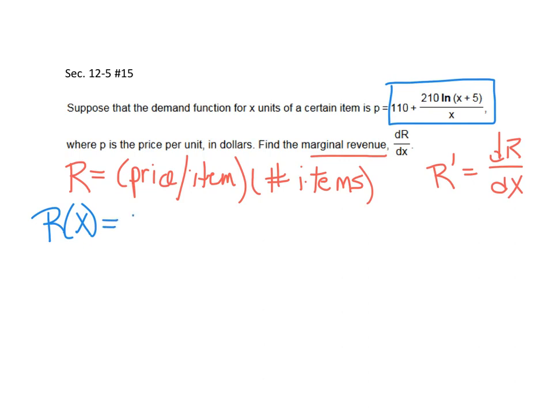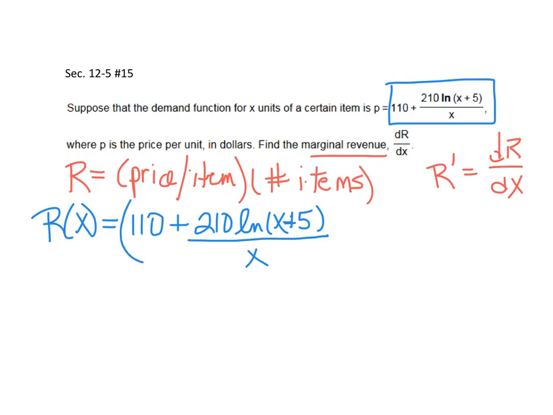So that's 110 plus 210 ln of x plus 5, divided by x, and the number of items is x because that's the number of units.